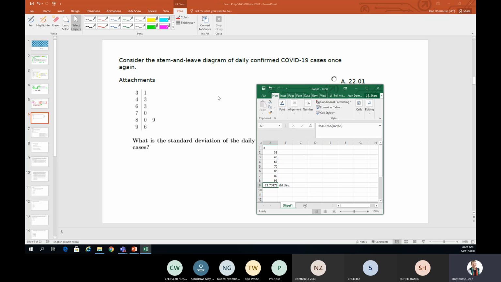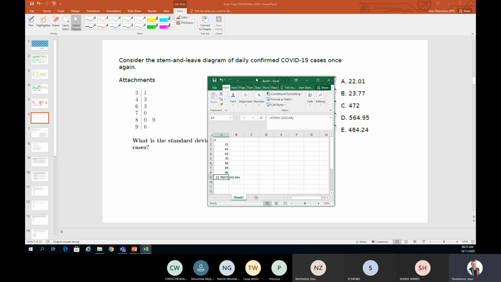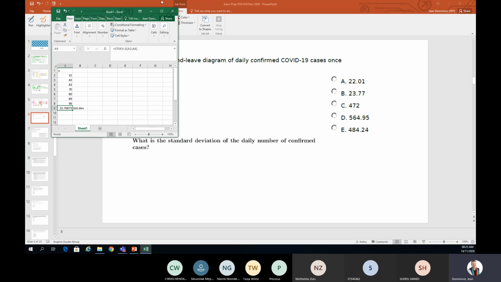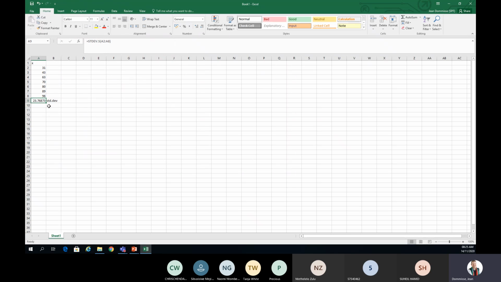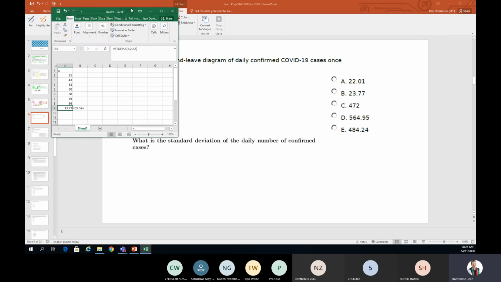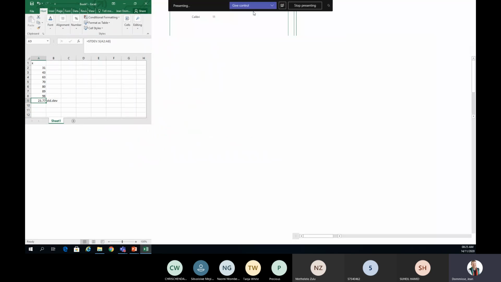Okay, my standard deviation. There I worked it out.